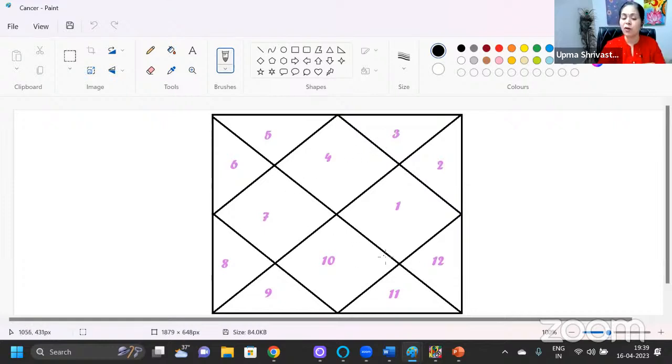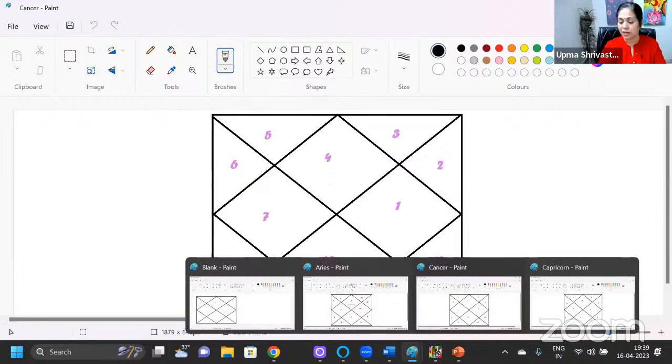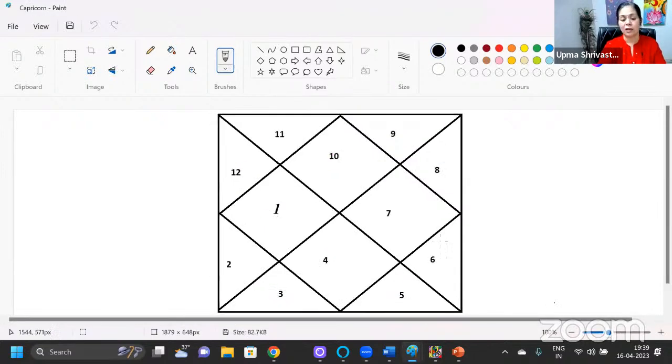In the same way, for all the 12 rashis, you can make 12 different charts if you learn it in a proper way. And for your own chart, you can see which sign is placed in the first house, and that will be known as the ascendant sign.